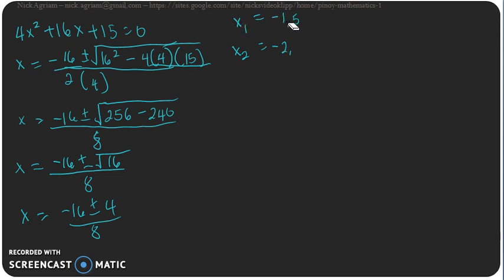I am using the Swedish notation. So 1.5 and 2.5.